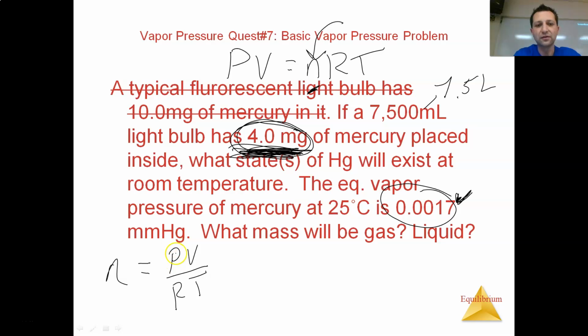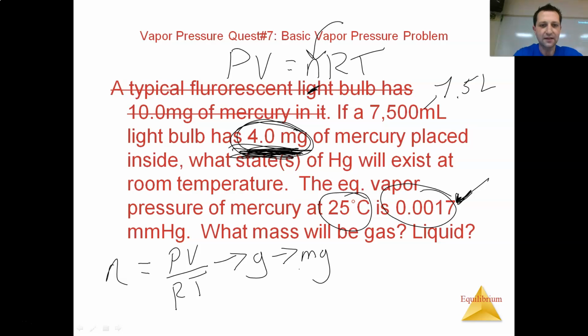You have your partial pressure that you're allowed to have, your volume, 7.5 liters, your R value from your AP equation sheet, and temperature, 25 Celsius, converted to Kelvin. Solve for moles of mercury, then convert that into grams and then milligrams, and we'll see what we end up with. Give that a try, then we'll go from there.